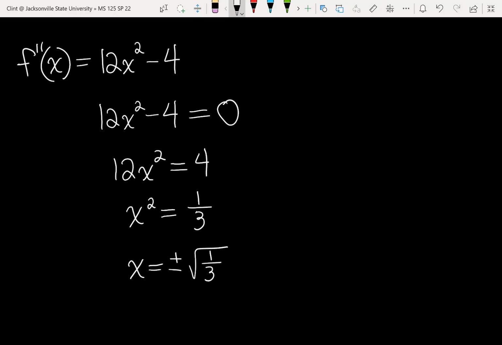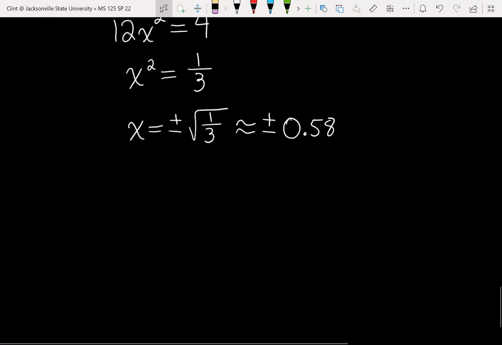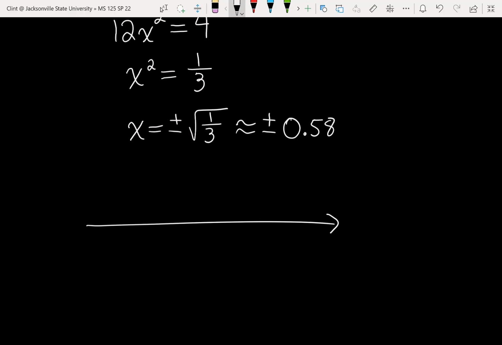So that's about something like that. Then we can do our sign chart. We've got uglier numbers, but we can still work with them.